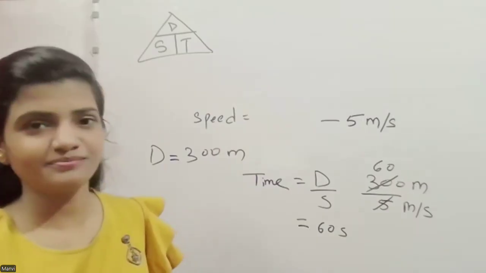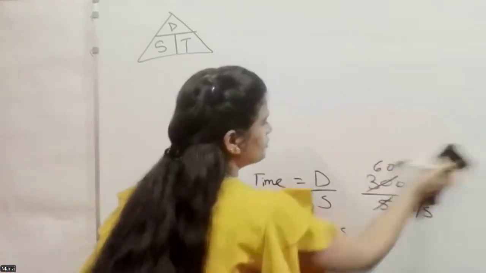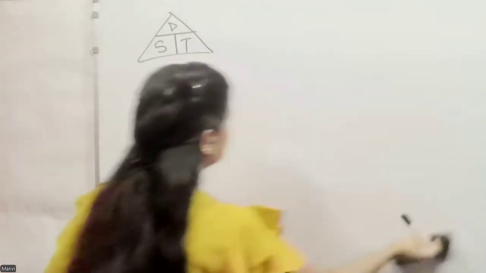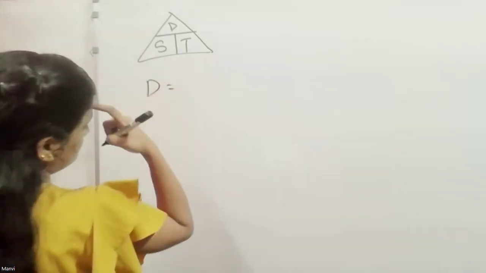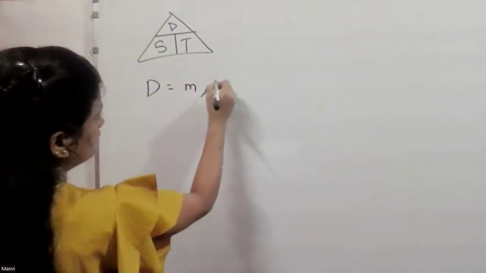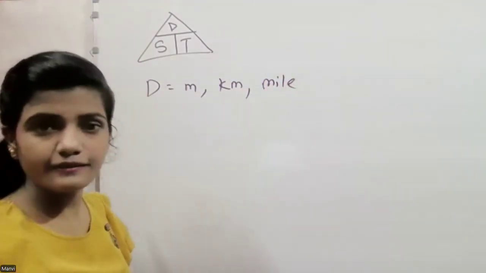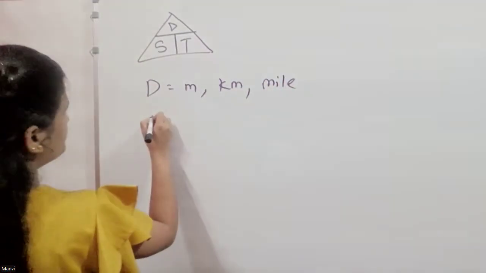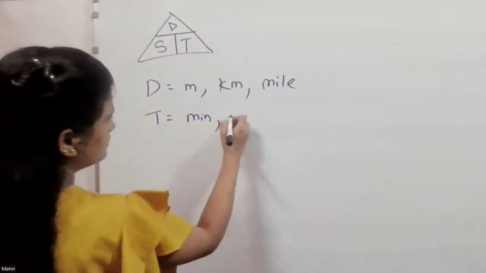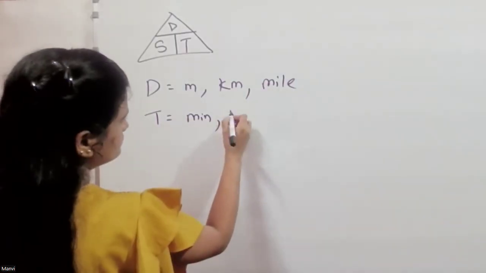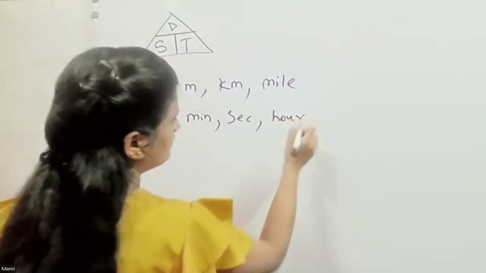Is it easy? Okay. So now could you please tell me that we can write distance either in meter, kilometer, or miles, right? We can write the unit of time in minute, second, or hour.